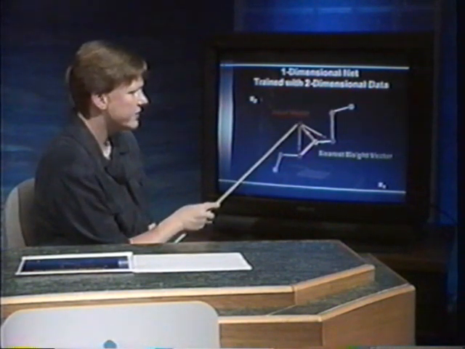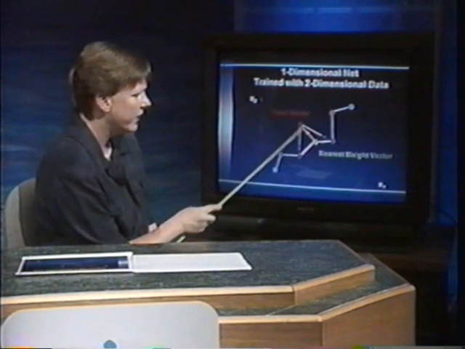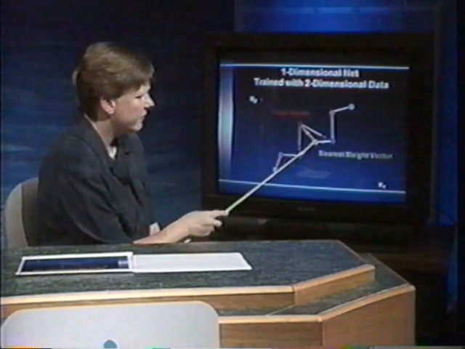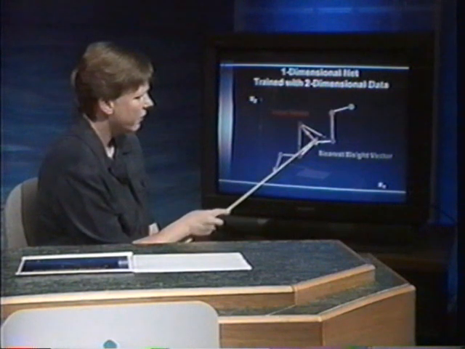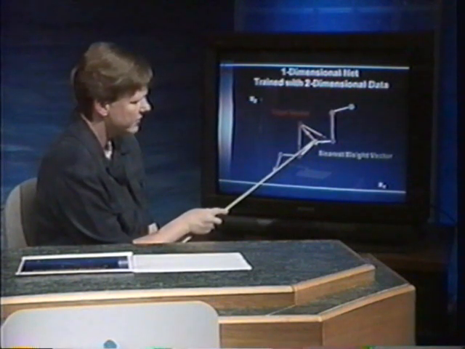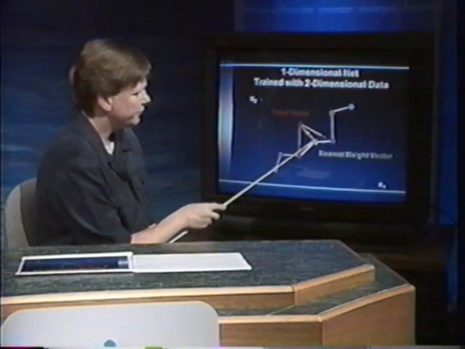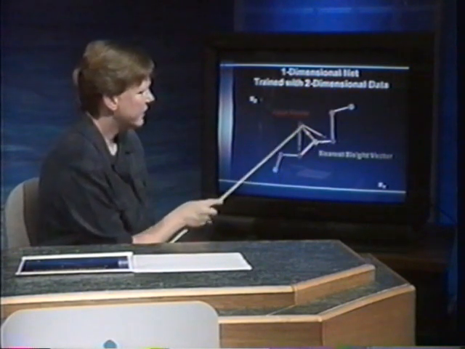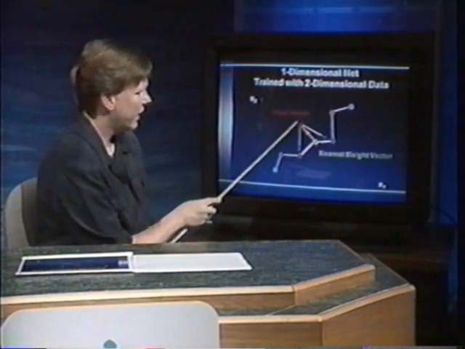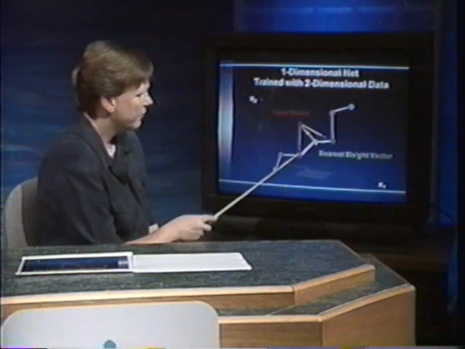Then the nearest weight vector is the weight vector of our yellow neuron. Our neuron is placed at the coordinates of its weight vector, and its neighbors are defined by being the neighbors on the string.